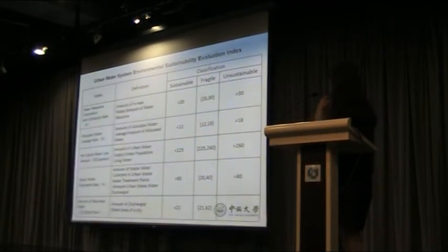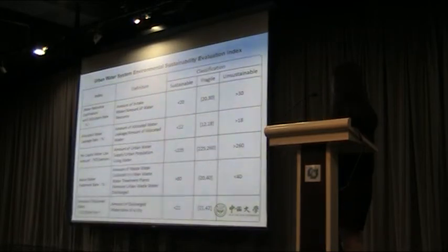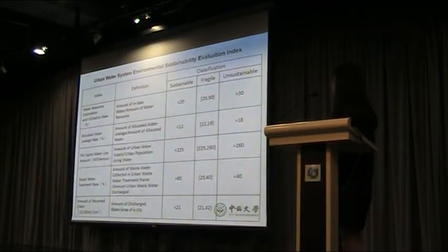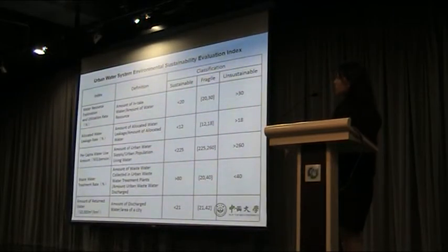And I need to say that maybe some index was not so good. For example, this one, the wastewater treatment rate. It means that we have the capacity to treat this wastewater, but it doesn't mean that we have actually done that in a pretty good standard.